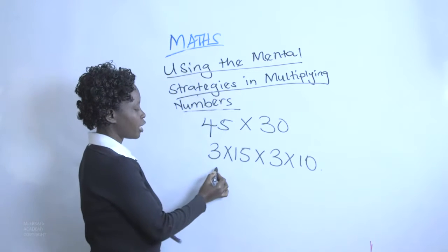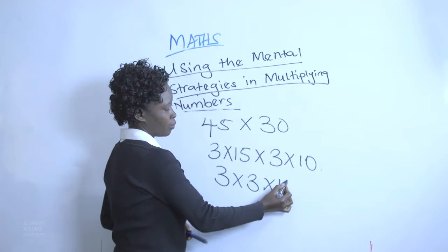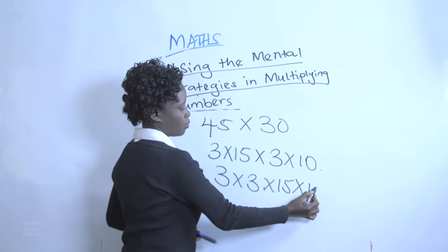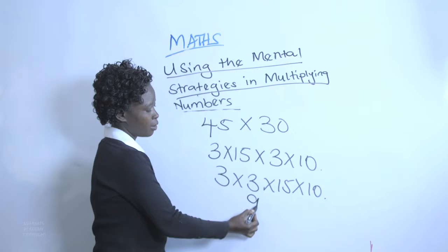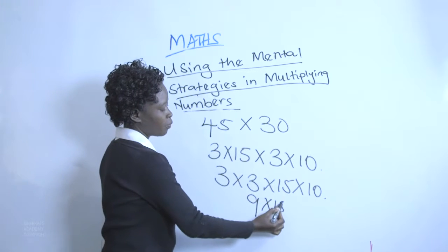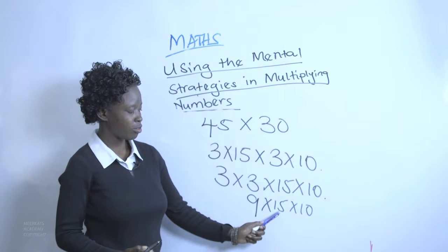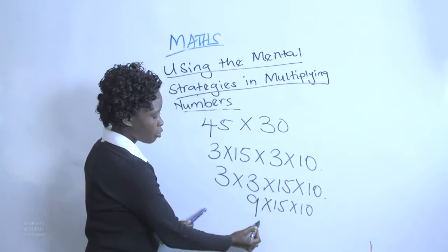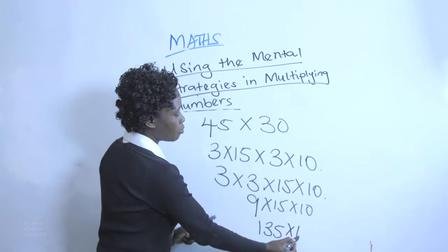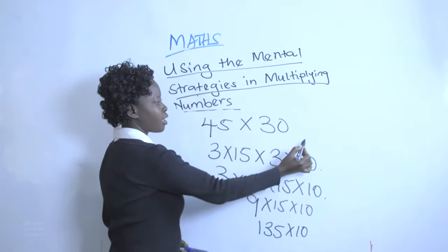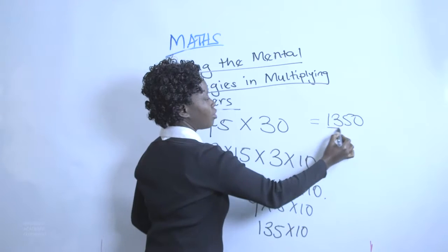So if we rearrange, we are having 3 times 3. So 3 times 3 is 9, then times 15 times 10. So 9 times 15, we are supposed to get 135, then multiplied by 10, and our answer is 1,350.